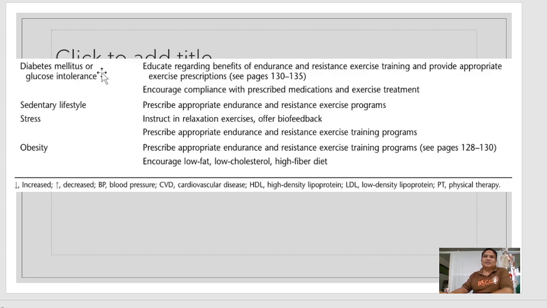The next one, okay, so we have here diabetes and sedentary lifestyle. So here are the management. For obesity, you notice there is exercise, but still there is what? Diet, which is low fat, low cholesterol, high fiber diet.